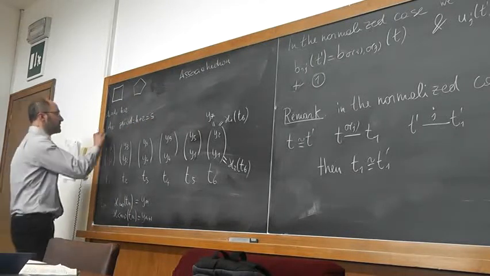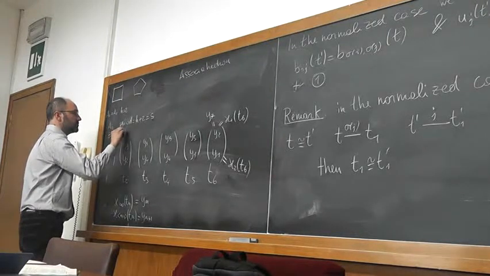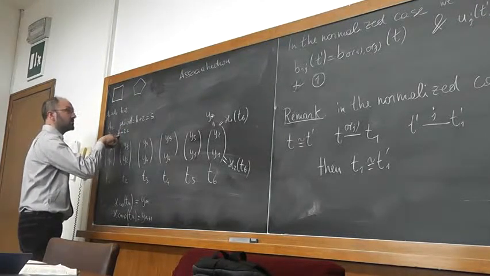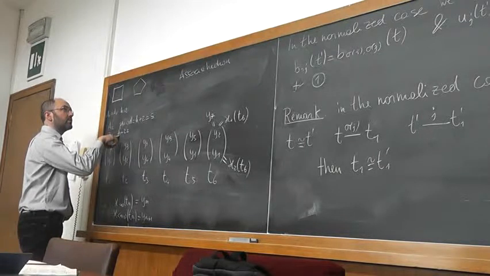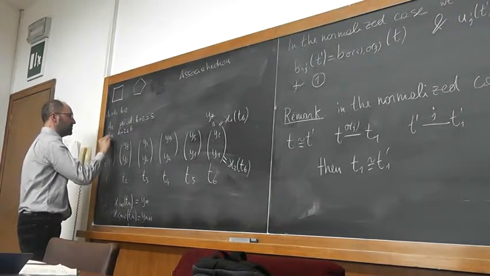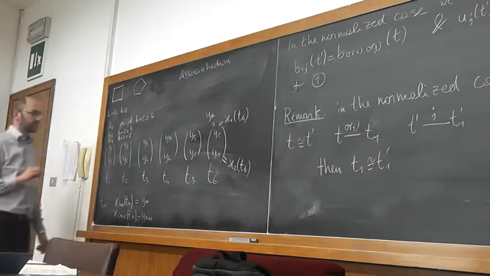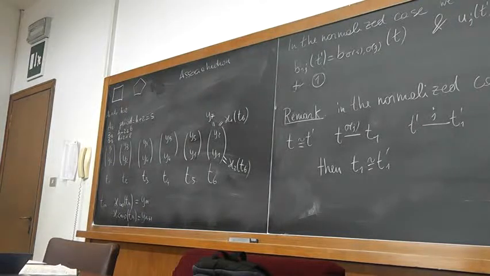In other cases, in type B2, we have h plus 2. Type G2, h plus 2. So why is the length of the permutation the same as h?